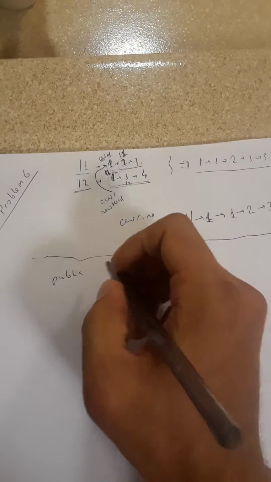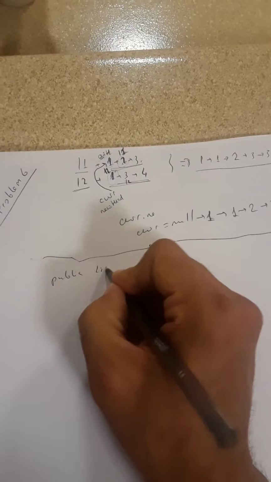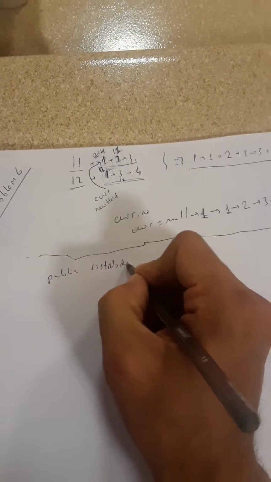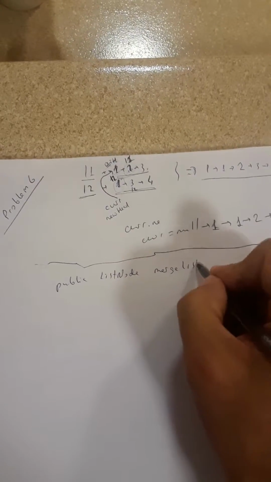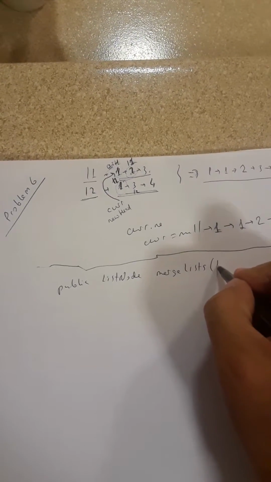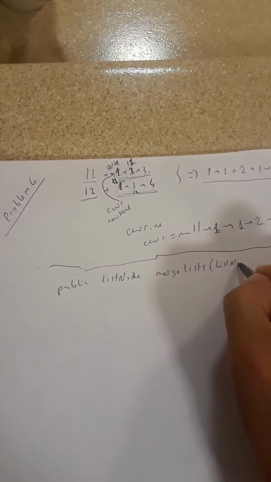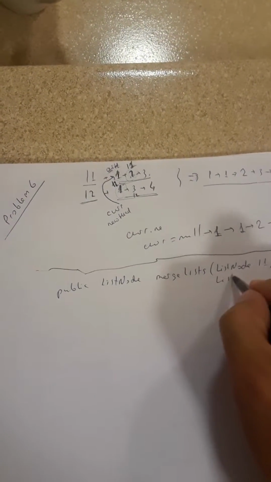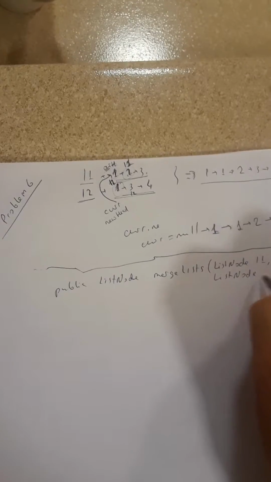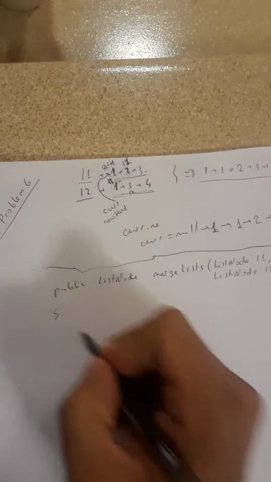In code it will look like this: we return a ListNode from mergeLists, taking ListNode L1 and ListNode L2.